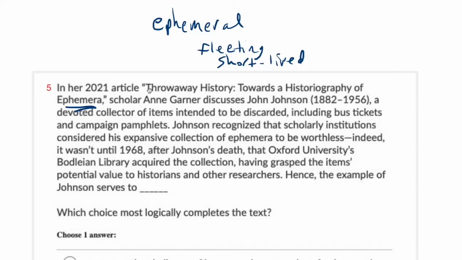Okay. But it can also mean, as it's going to mean here, items to be discarded. So bus tickets, campaign pamphlets, ticket stubs, receipts, etc. So things that are meant to be discarded or short-lived. So ephemera, the noun there. Okay, so this person collected these items intended to be discarded.